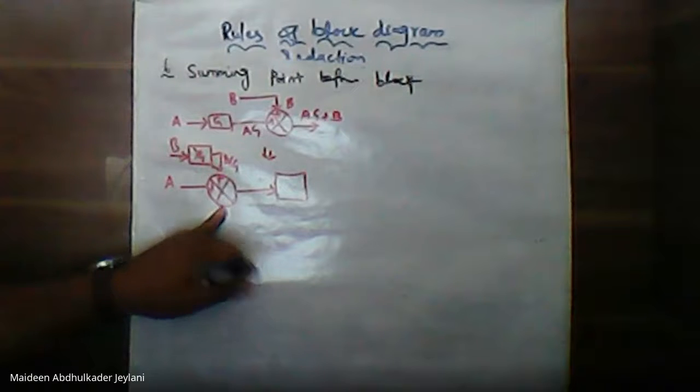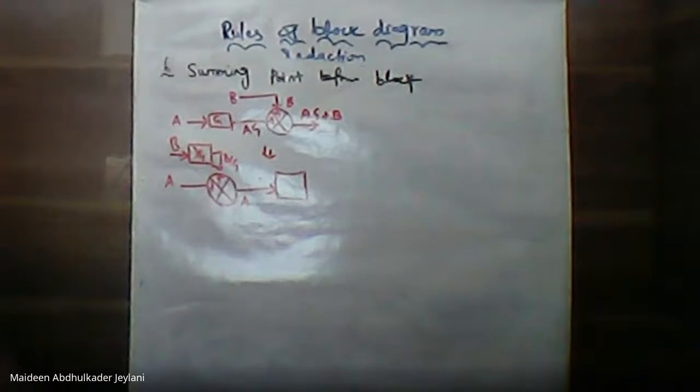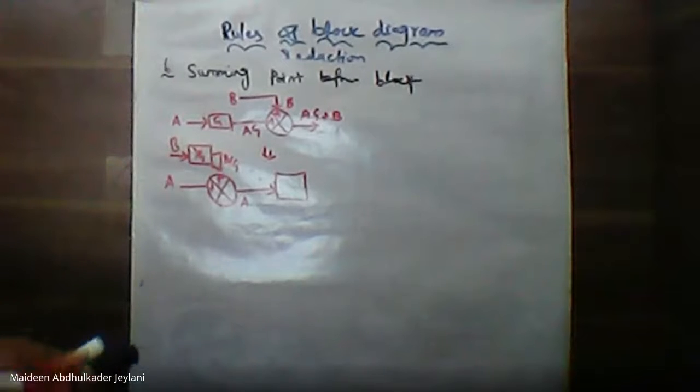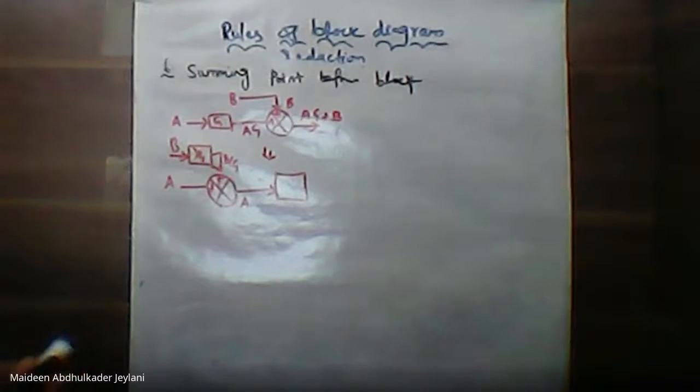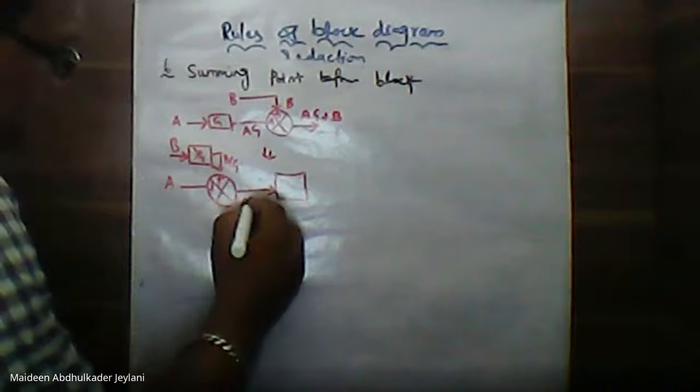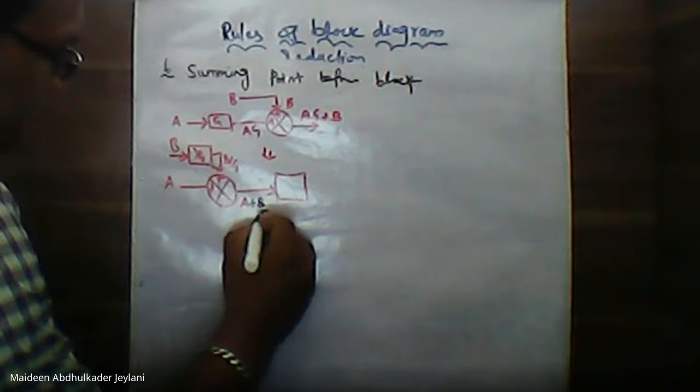B by G. The output of this summing point is A plus B by G, which will be given to the system gain G.